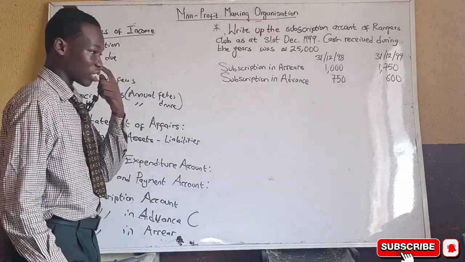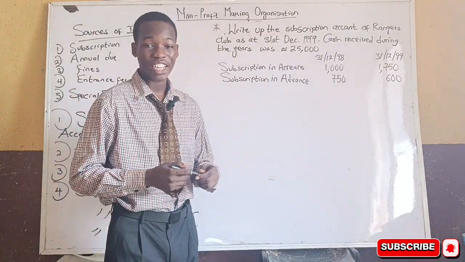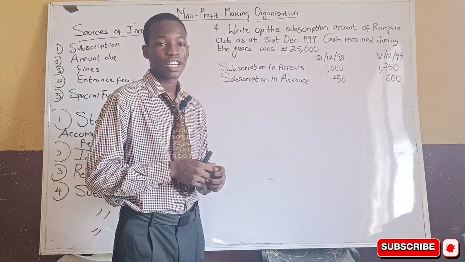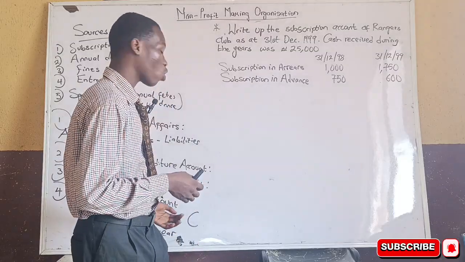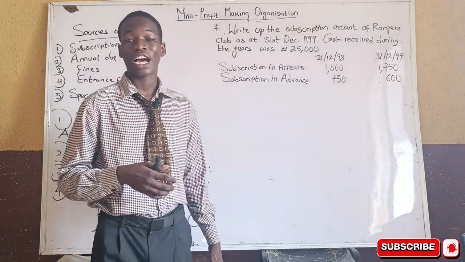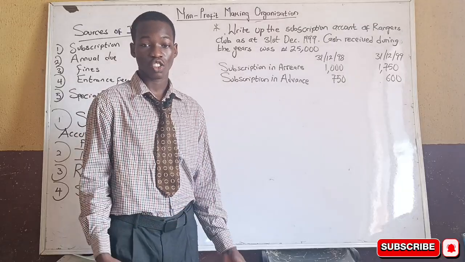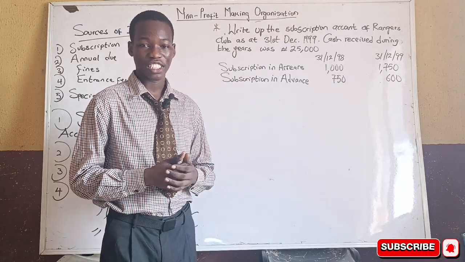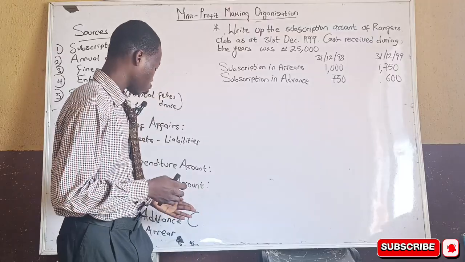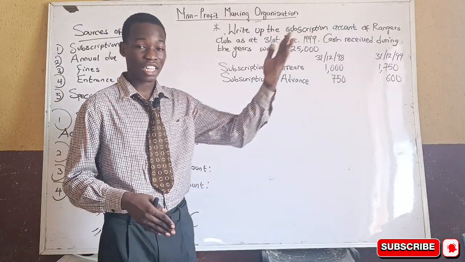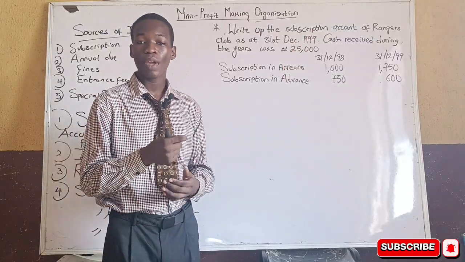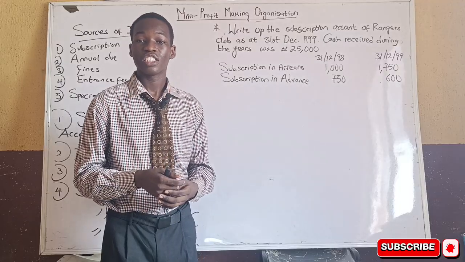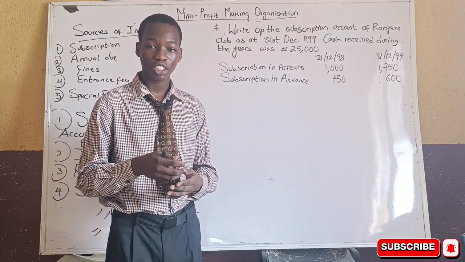For subscription in advance, it's not for this year, right? It's for next year. This simply means that the member can ask for it at any time since it is not for this current year. So it is a liability to the organization. Do you get my point now? Because subscription in advance is not for this year, it's for next year. So when the member pays in advance, I still have some obligation, right?